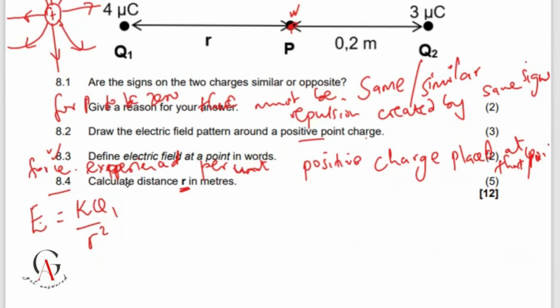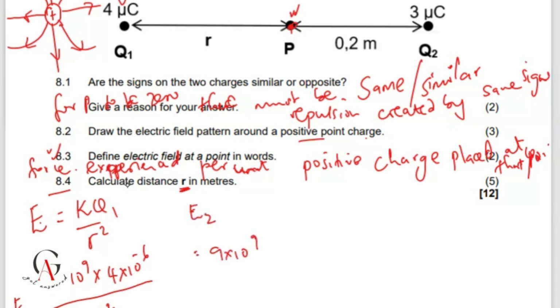So that's going to be 9 times 10 to the 9 multiplied by 4 times 10 to the negative 6. So that's micro. Over the distance of separation, which I don't know, I'll call it R squared. That is E1. Then I'll also look for E2 using the same formula.